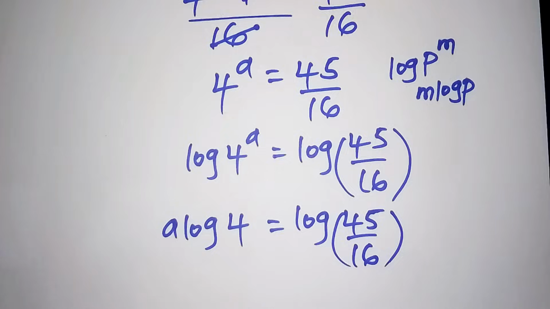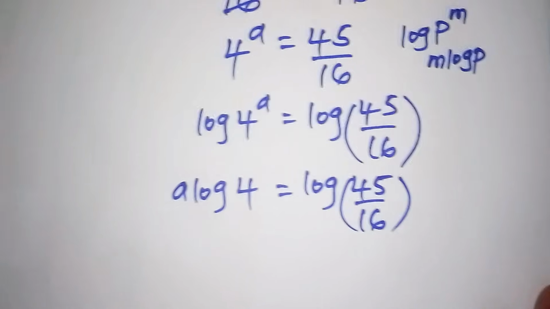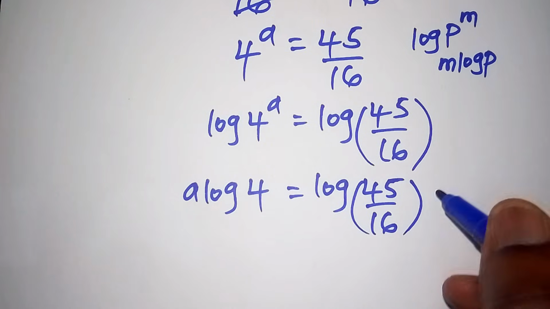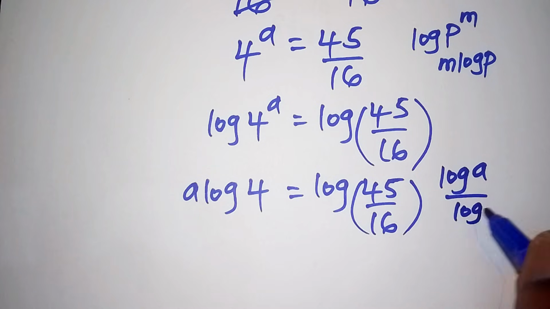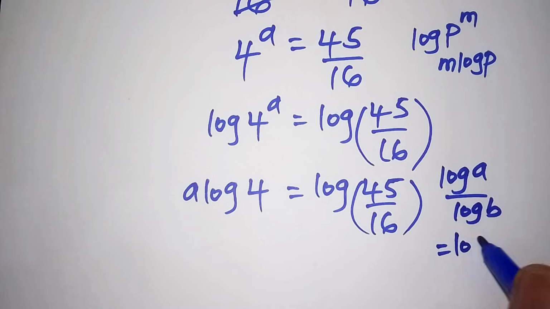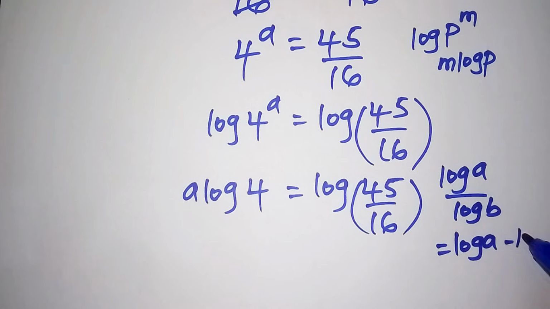The next thing that we need to do, assuming that we have, for example, the log of a all over b, this can be written as the log of a minus the log of b.